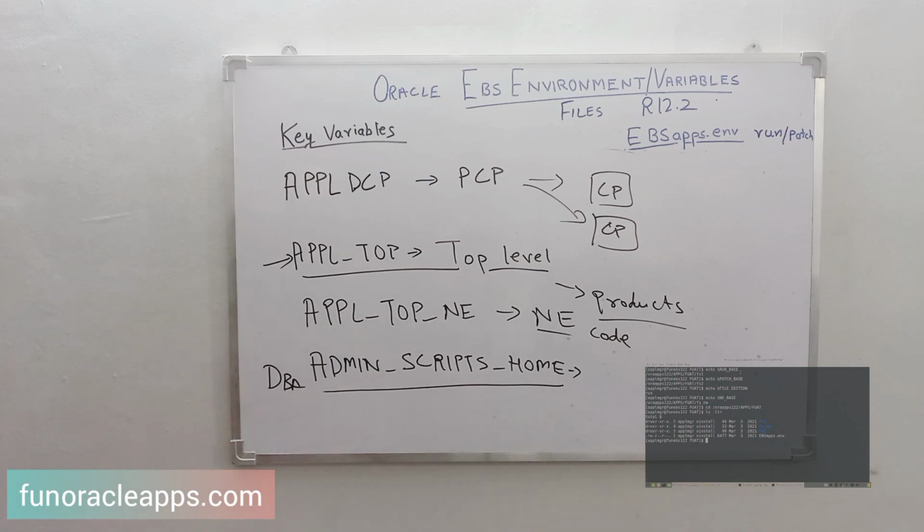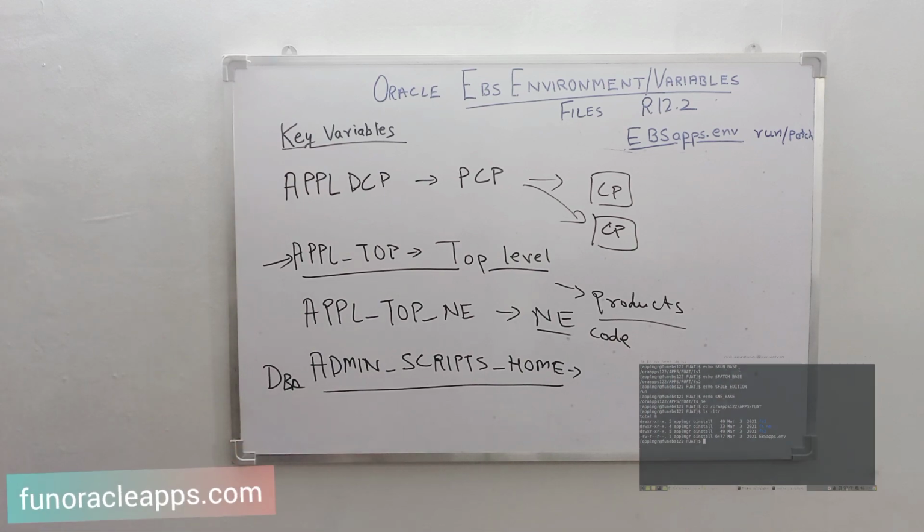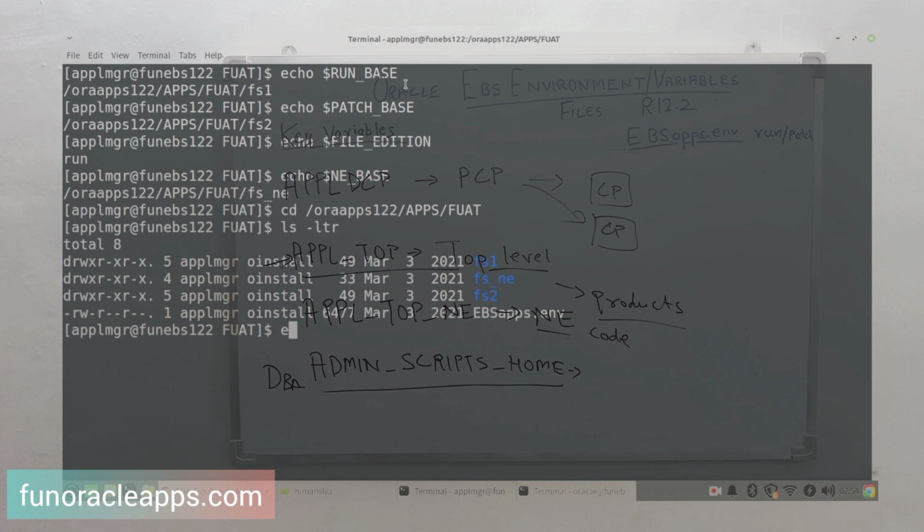Now let's see how these will be displayed on the system. So echo $APPLCSF... sorry, $APPL_CPD, the first one that we use for concurrent processing, right? So we can simply go ahead and see it.